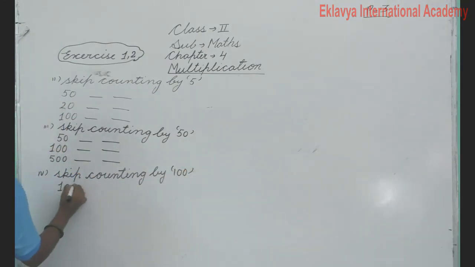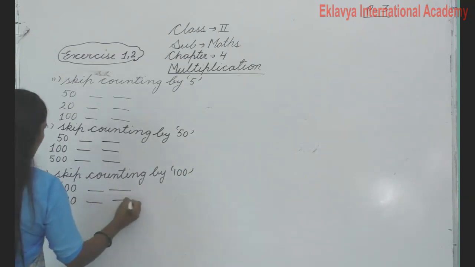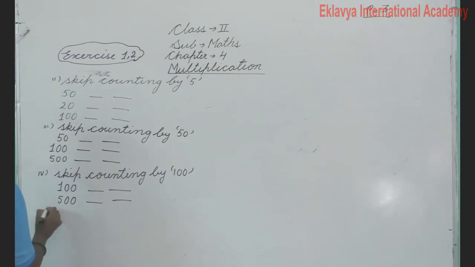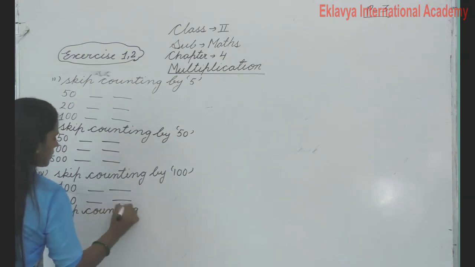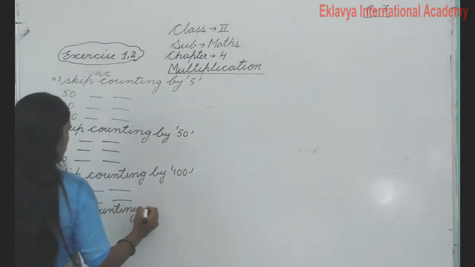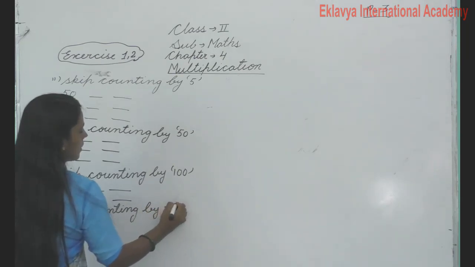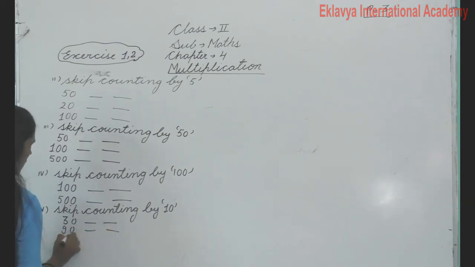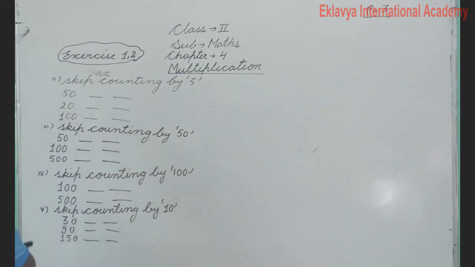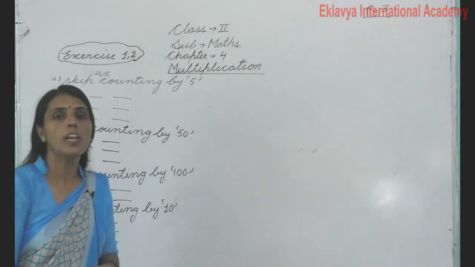Listen, 100, 500, and I have given one question more like this, 5th, skip counting by 10. Okay, like this, 30, 90 and 150. Okay, you are to do questions C and D all in your notebook.